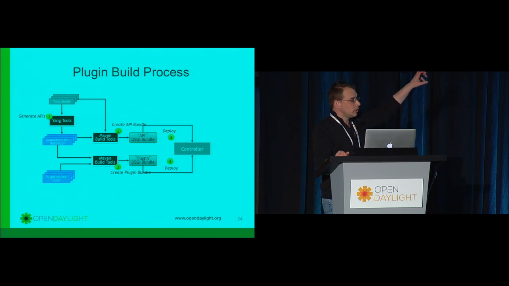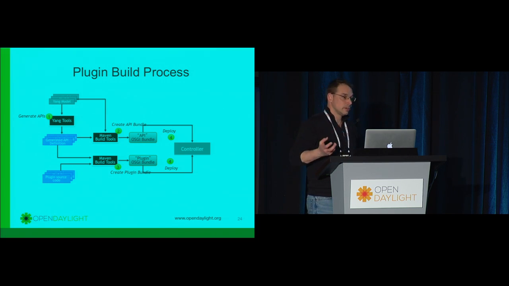So you take the Yang model, you plug that into the Yang tools, and you generate the API for MD-SAL. Today, there are actually non-MD-SAL things that are still part of the controller, so you may not use those auto-generated tools as well. Basically take that, use the Maven build tools, those generate code, and then those are loaded in.